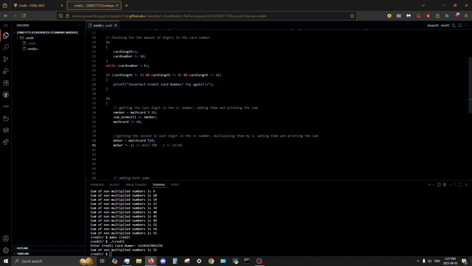So multiplied number 1 is going to be 10%, so that's going to give me 2. Multiplied number 2 is going to be 12, which is going to equal 1. Multiplied number 2, 12 times 10%.